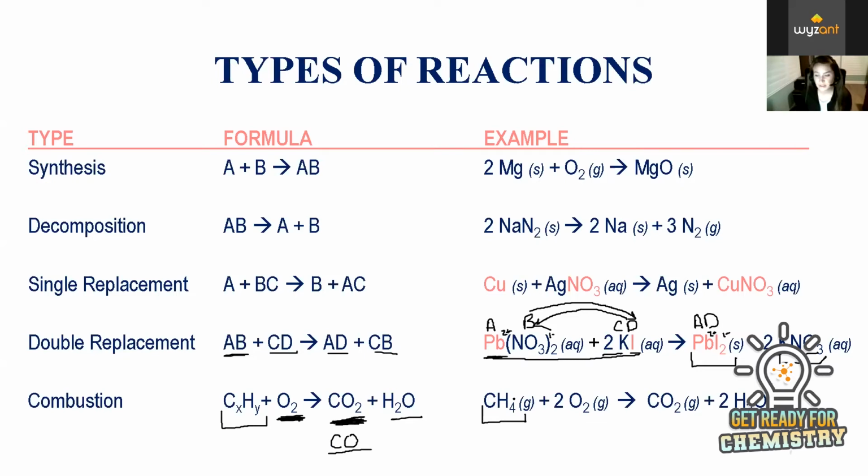If for some reason there's another element besides C and H and sometimes O, the question will say the other product that's being produced. All you really have to be responsible for is knowing the basic combustion reaction, which is this. And I'll show you a trick in a second on how to balance these, because sometimes they're a little complicated.